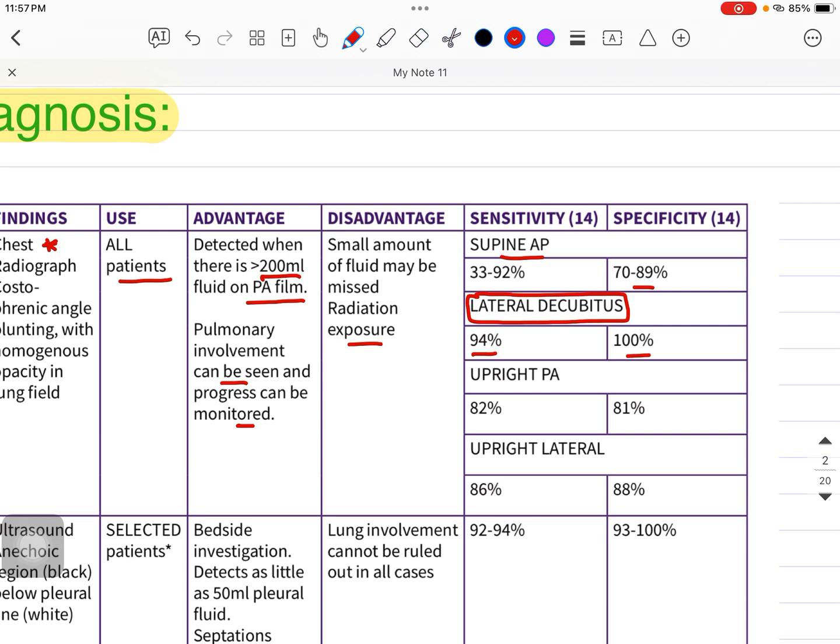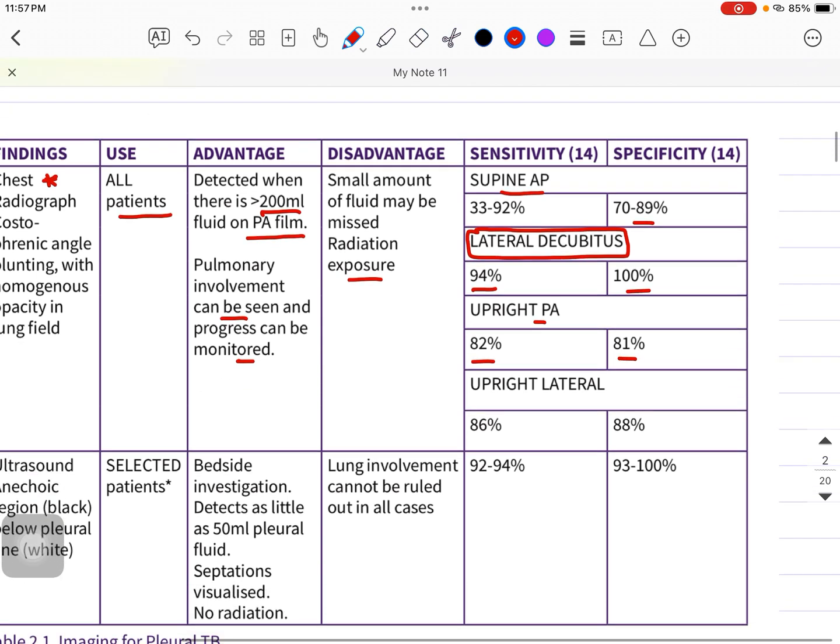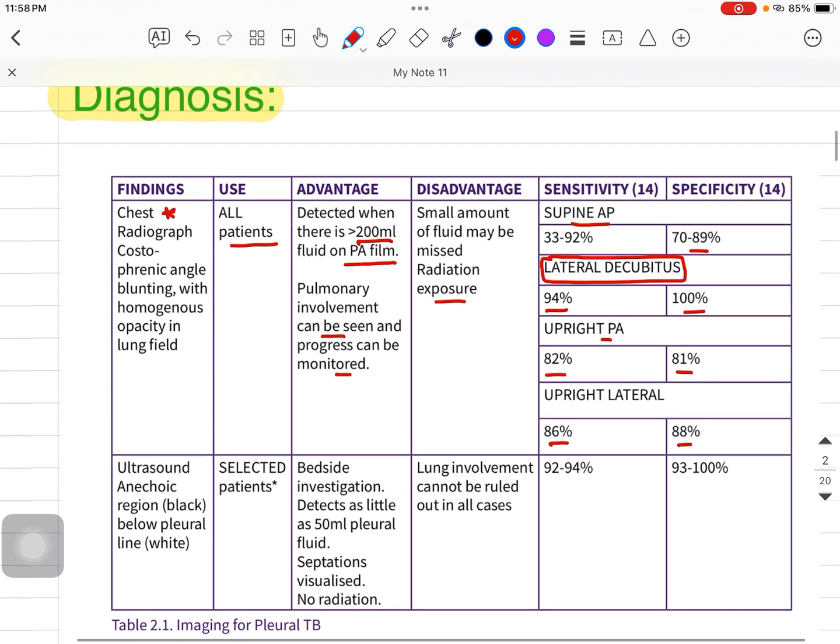So if in some patient you see a pleural effusion in the lateral decubitus position, then definitely this is 100% specificity. It is clear that this patient has a pleural effusion. In the upright PA view, sensitivity is 82% and specificity 81%. Upright lateral is again 86% with 88% specificity.